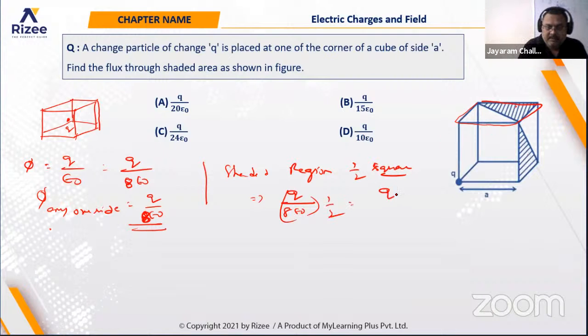So it will be Q by 16 epsilon naught, right? Then he is asking what the total shaded region will be. Is it exactly half of the square?